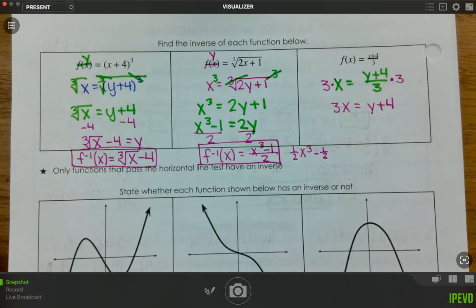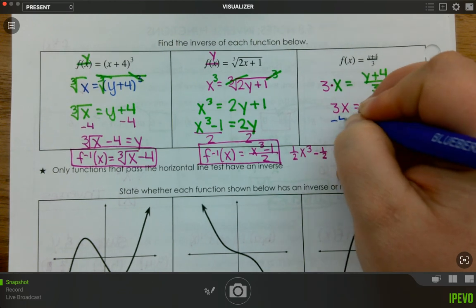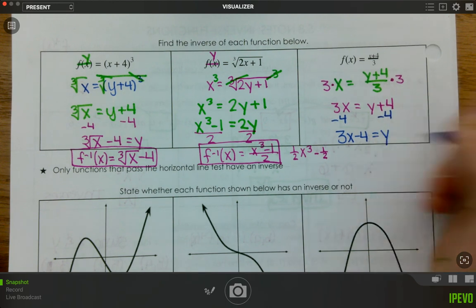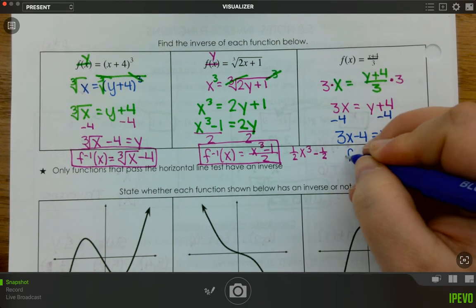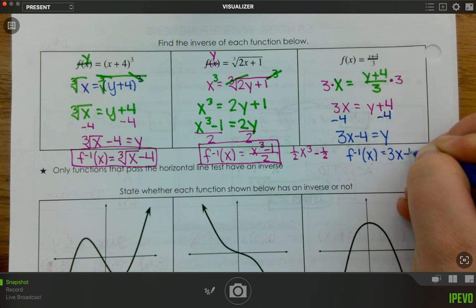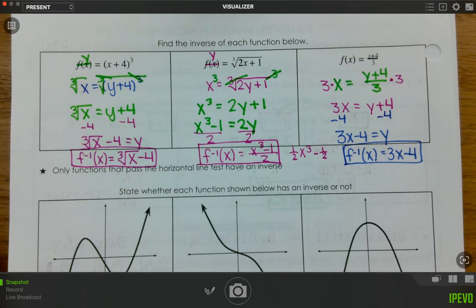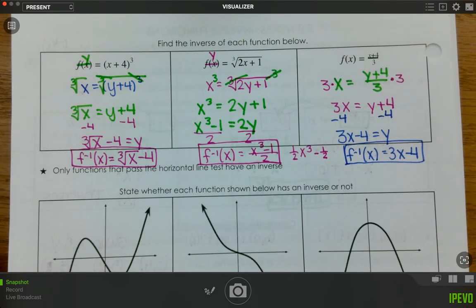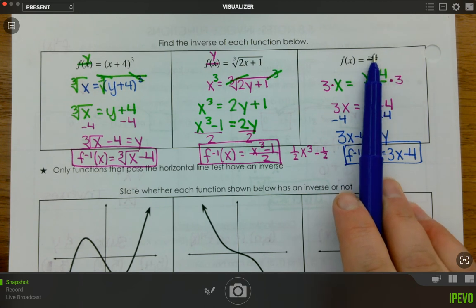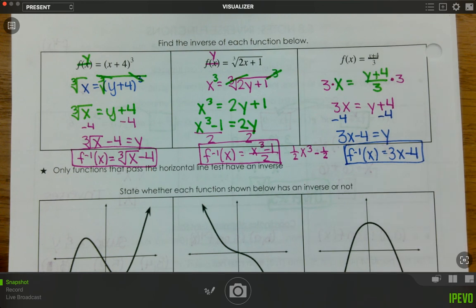And I need to subtract that 4 to the other side. And now y is all by itself. So that's my inverse, 3x minus 4. Okay, and you can almost do this in your head by thinking, I'm going to multiply by 3 to get rid of this, and then I'm going to subtract 4. So it's going to be x times 3 minus 4.